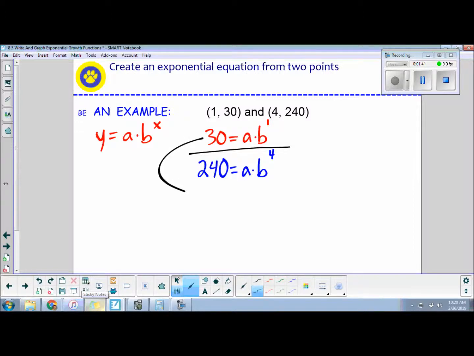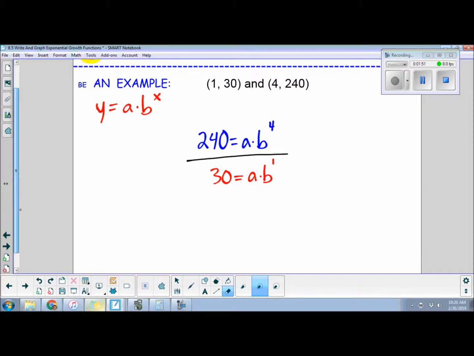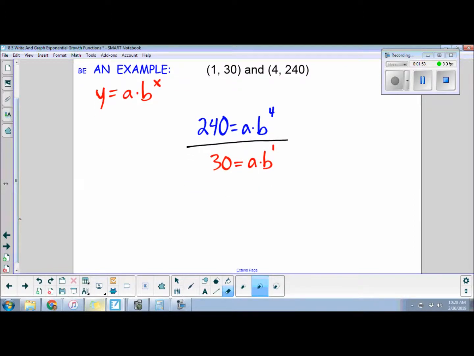I think I can just drag it here, move my fraction bar, and do the same strategy. So now it's a little bit easier to divide 240 by 30. It's just going to go in 8 times. A divided by A is 1, so those are going to cancel out.